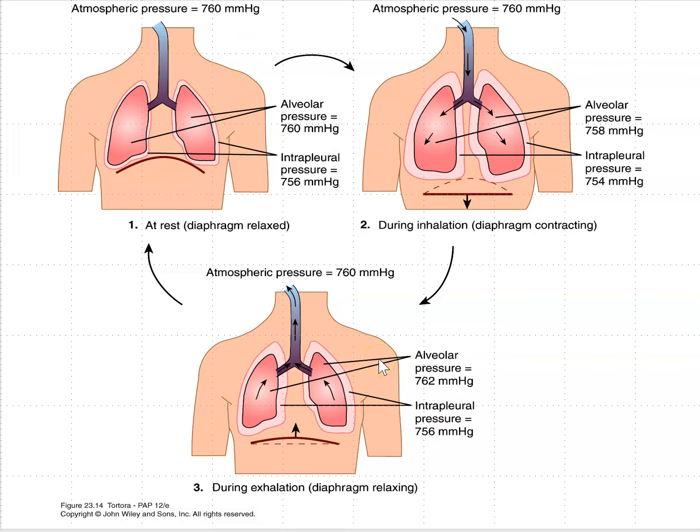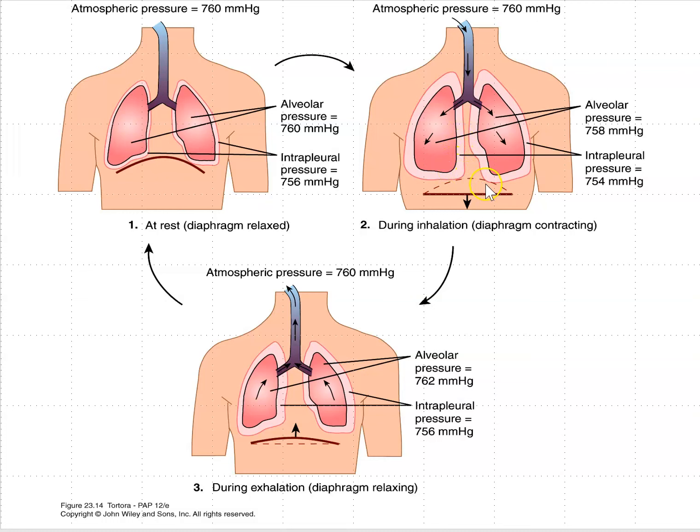And then during inhalation, the diaphragm contracts and the intercostal muscles also contract. So keep in mind, muscles only contract. When they contract, they increase the volume in the lungs during inhalation.